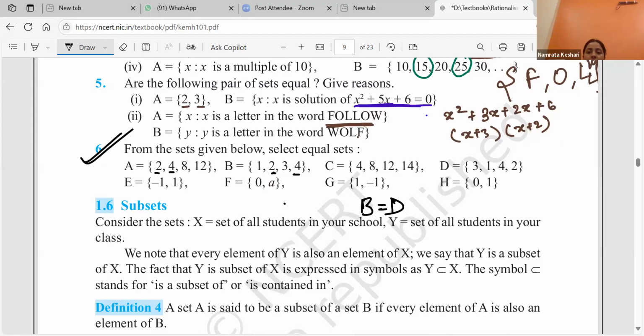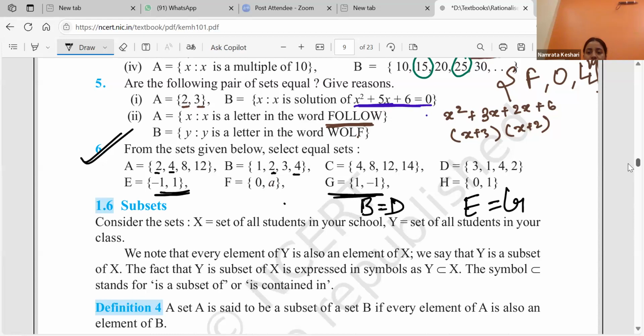You can see D already we matched that it was same with B. Then E, this one and this one is exactly same. Okay, E and G. Elements can be here and there. Order is not important while writing the set. E and G are same. Okay, and F and H, nothing. So these two are only equal with each other.